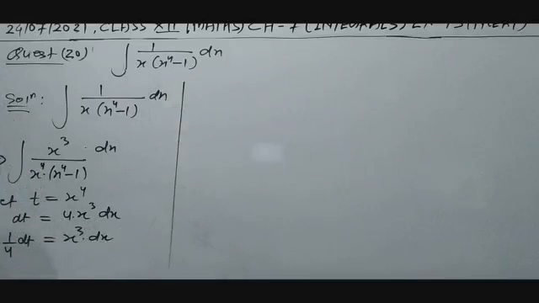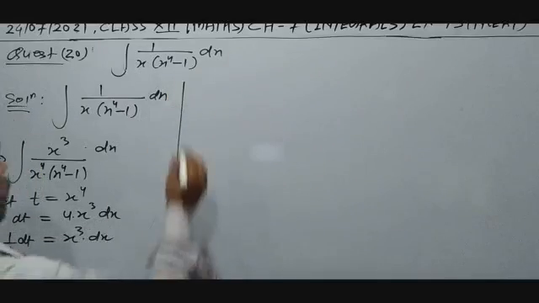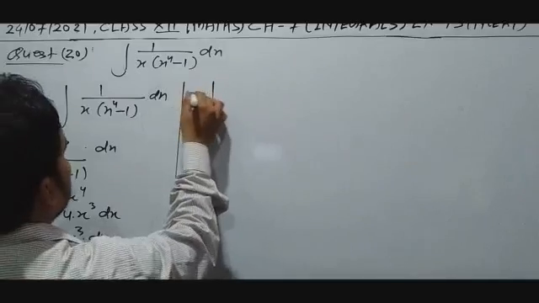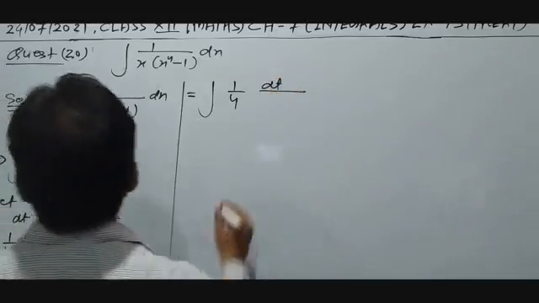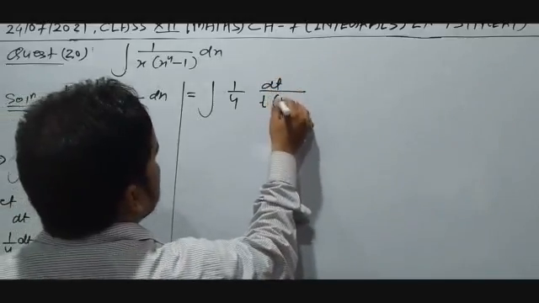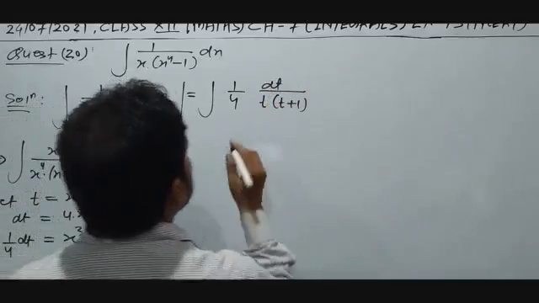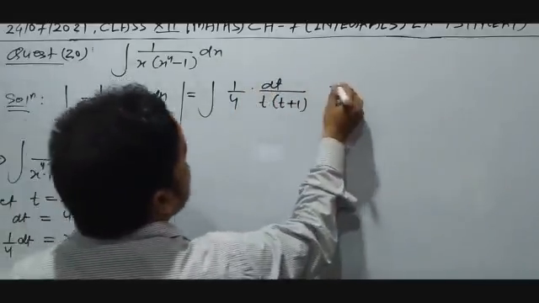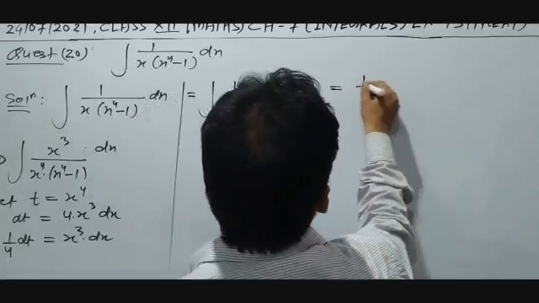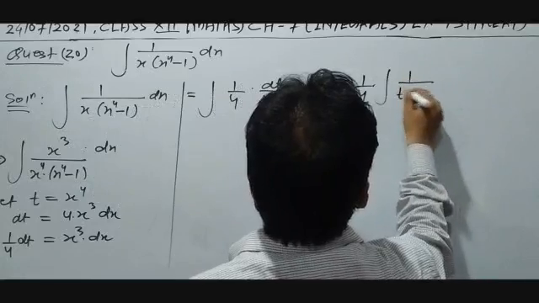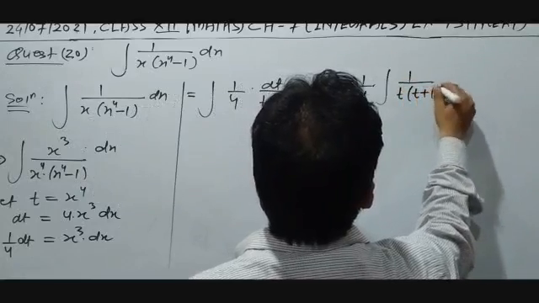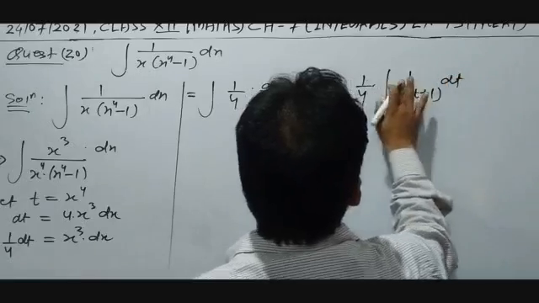Now the integration will convert to integration over 1 by 4 dt whole upon t and t plus 1. Now this one we can write as 1 by 4 times 1 upon t and next t plus 1 dt.